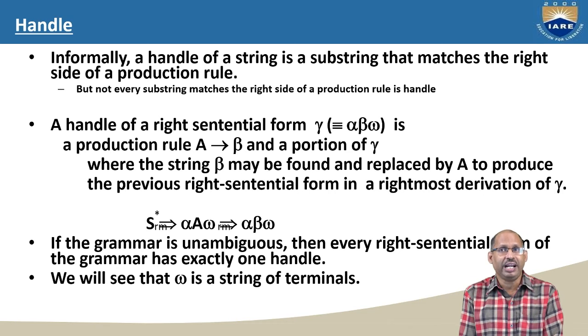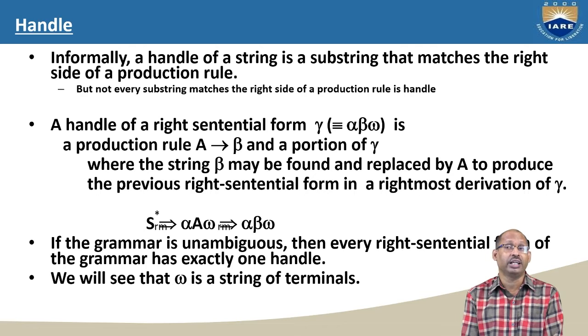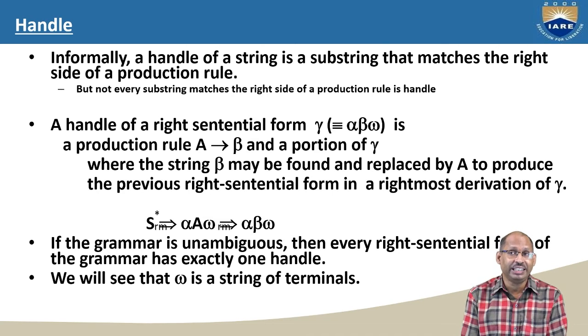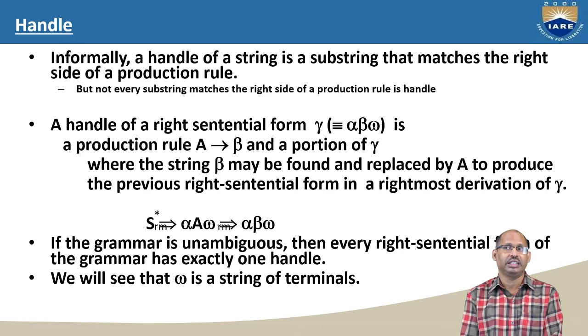So the handle of a right sentential form gamma equal to alpha beta w is a production rule A gives beta, and a portion of gamma where the substring beta may be found and replaced by A to produce the previous right sentential form in a rightmost derivation of gamma.